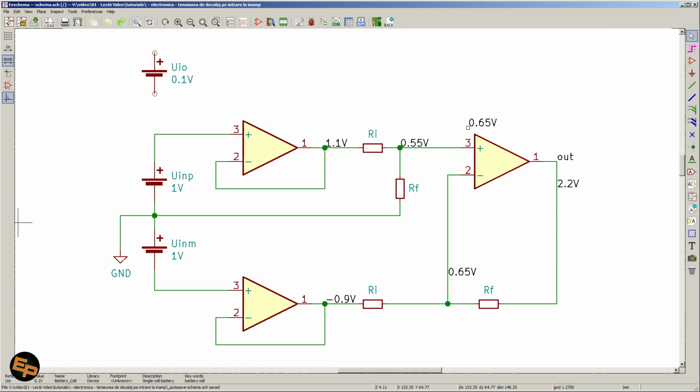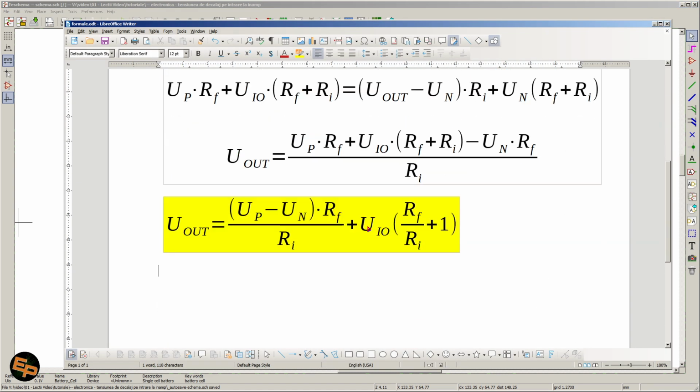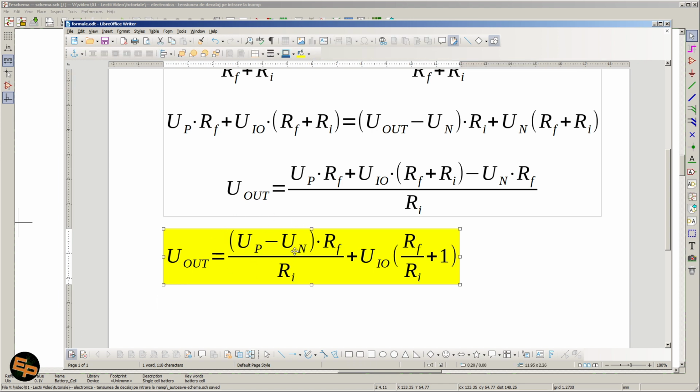Then if we do the mathematical calculations, we reach the conclusion that the output voltage will be the differential voltage, positive minus negative, multiplied by this amplification factor, which is the ratio between RF and RE, plus the input offset voltage multiplied by the amplification factor plus 1.